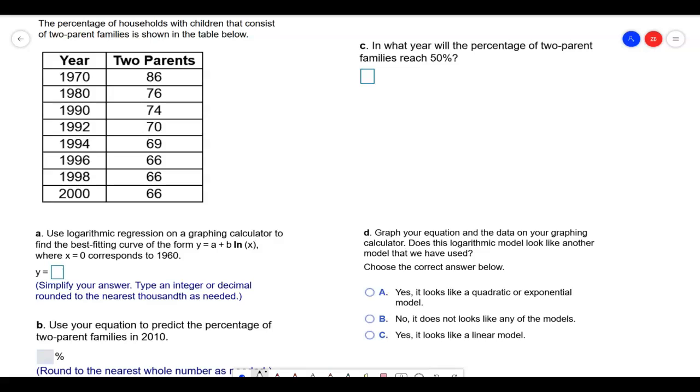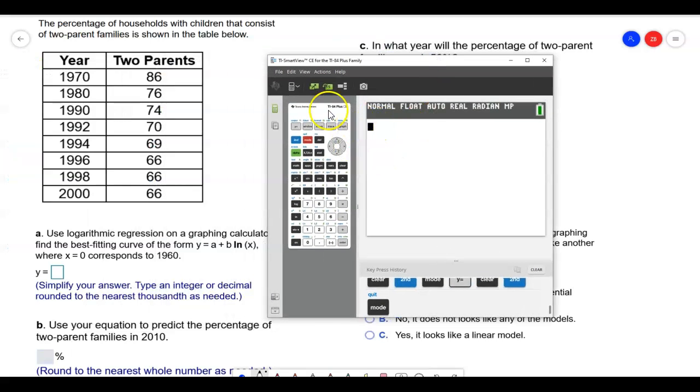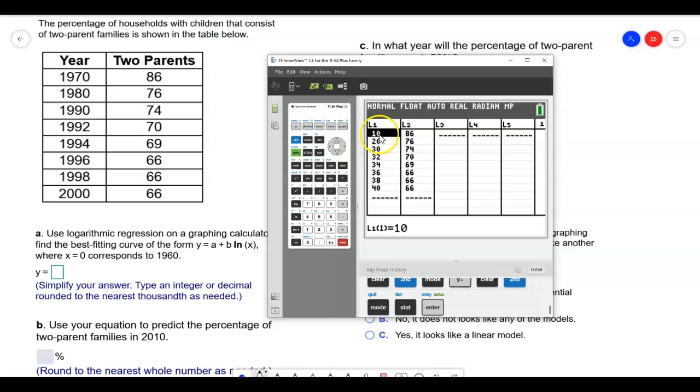So you're going to go to your graphing calculator. I'm using the SmartView software, which, if you're using a TI-83 or TI-84, has the same buttons. I go to Stat, Edit, and for my L1, I'm going to put in all the values for the years. Remember, you start with 10 because 0 is 1960, so 1970 would be 10 years later, all the way to 2000, which is 40 years after 1960.